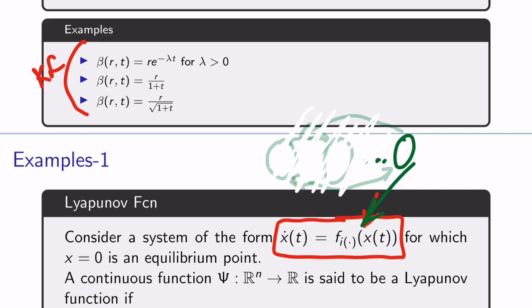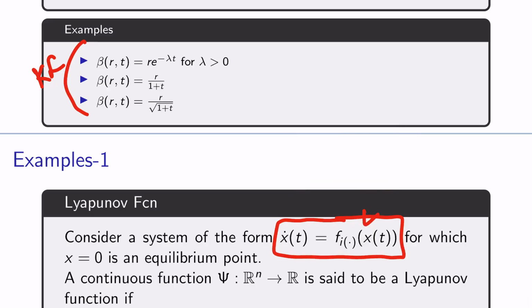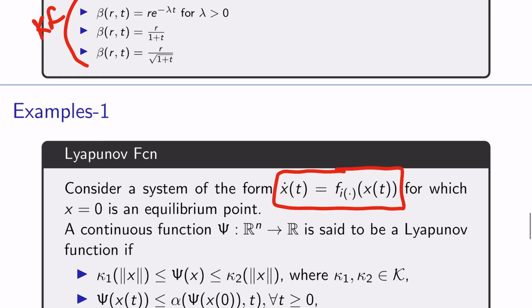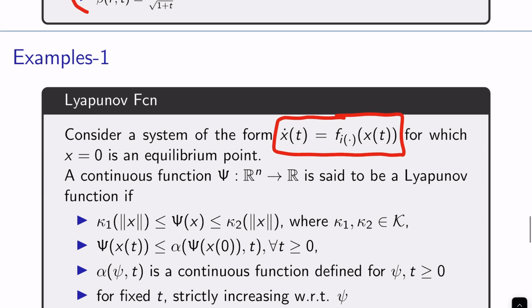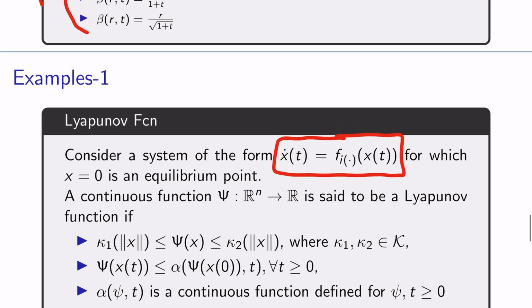So let's continue. Those functions, though, need to satisfy this equilibrium point condition, because they need to agree.